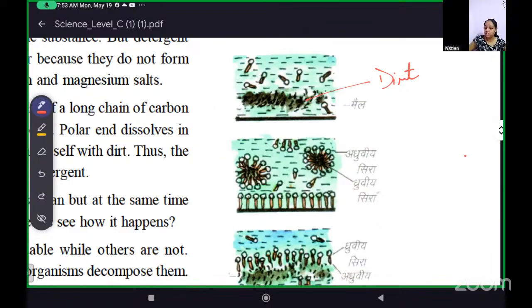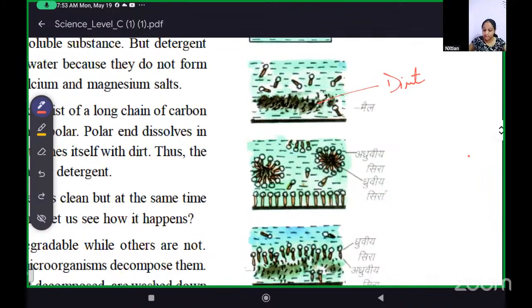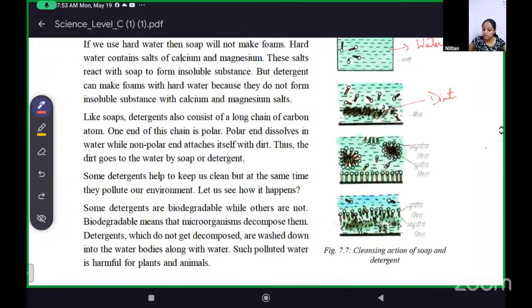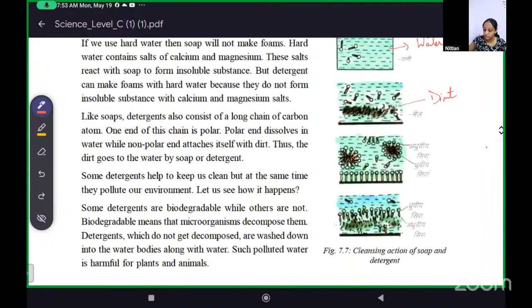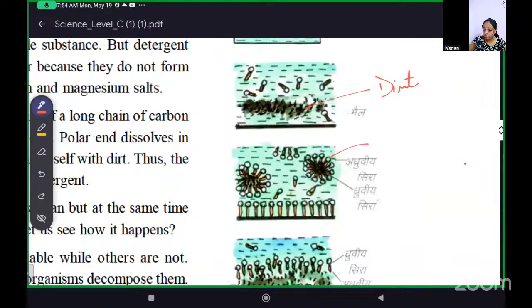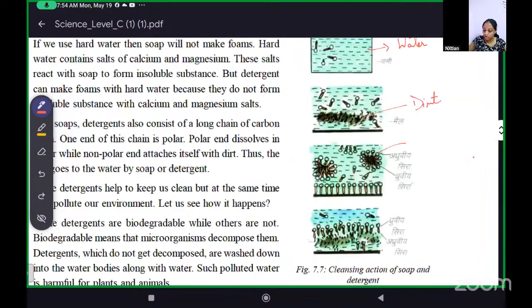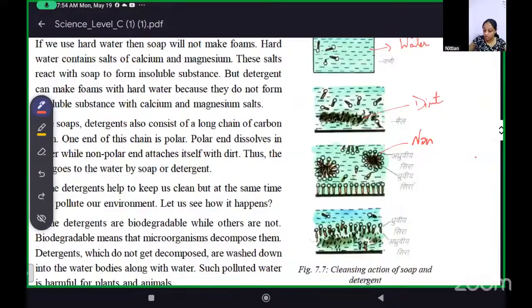So in the soap particles, there are two parts: the polar end and the non-polar end. This outside portion, if you can see, and then the inside portion of it is the polar end.